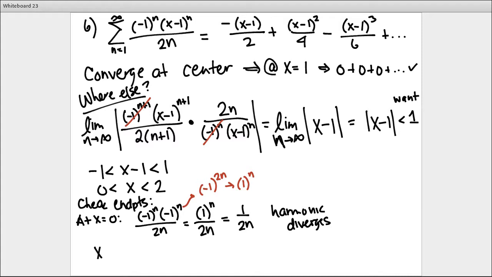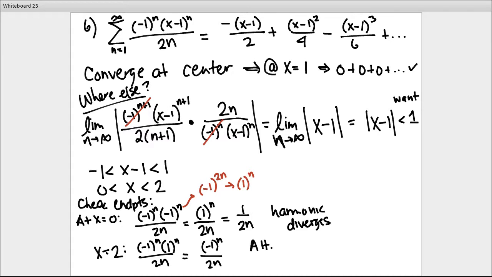And at x equals 2, you would have a -1 to the nth power times a +1 to the nth power over 2n. And that leaves you with a -1 to the nth power over 2n, which is an alternating series, 1/2 times the alternating harmonic series, which definitely converges.